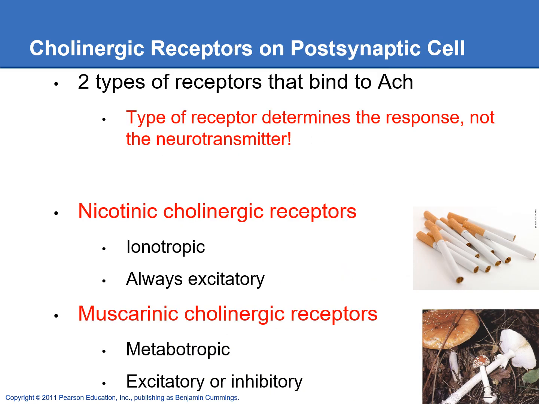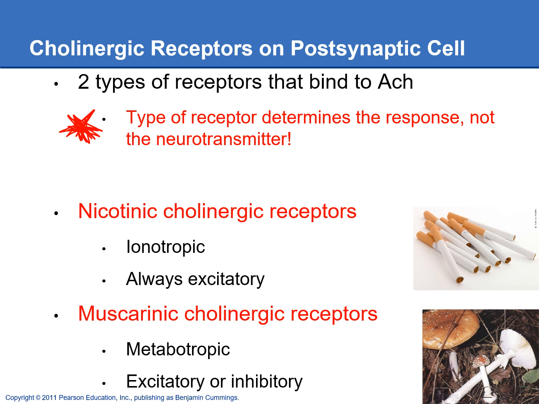All right, so this is really important. There are two different types of cholinergic receptors that are found on the target cell that acetylcholine will bind to. And it's really important to note that it's the type of receptor that determines the response that we're going to see in the target cell and not the neurotransmitter.